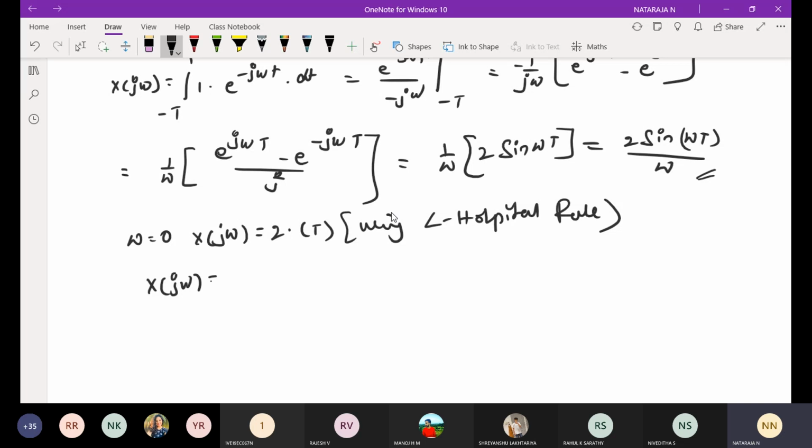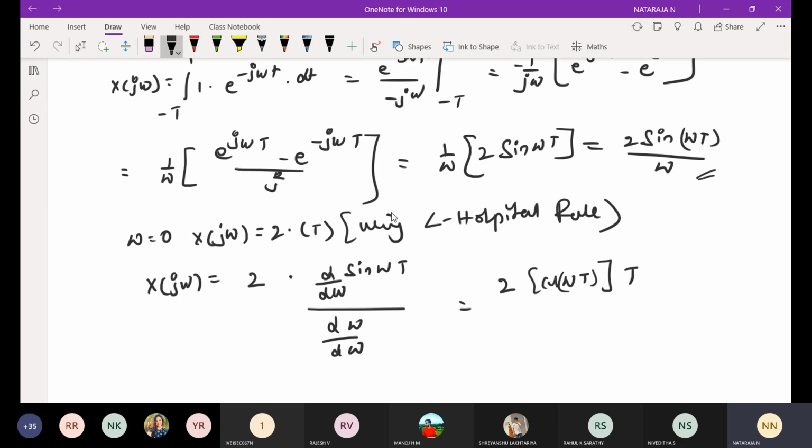X of j omega is equal to, I already got this, 2 into the differentiation of sin omega T with respect to omega, divided by the differentiation of omega with respect to omega. Differentiation of sin omega T gives cos omega T into T, divided by the differentiation of omega, which is 1.